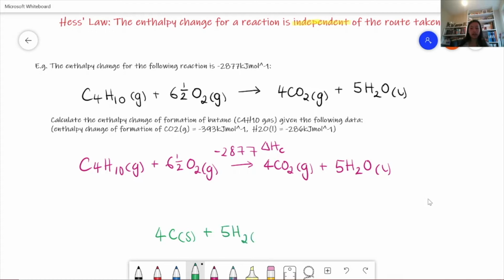So we would have 5 H2, and that would be a gas, because that's its standard state. And then that is now the enthalpy change of formation of butane. This would only form the butane though. So actually we add the 6.5 oxygens, and this actually doesn't do anything.